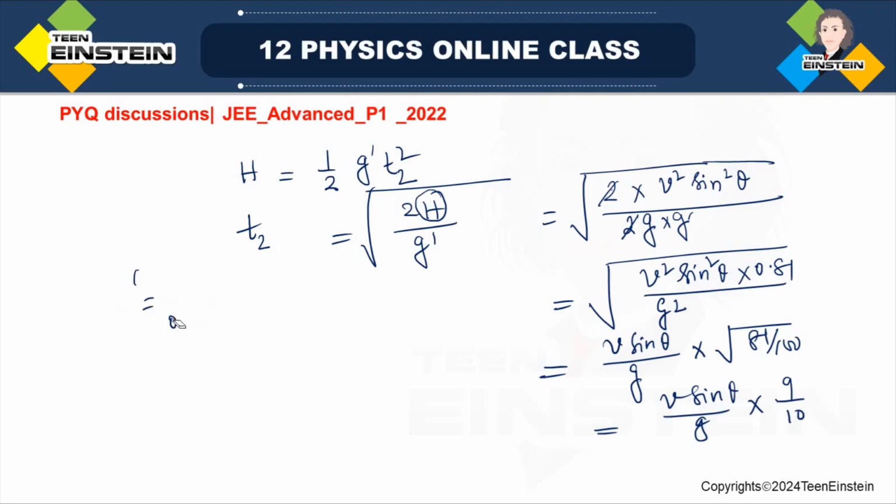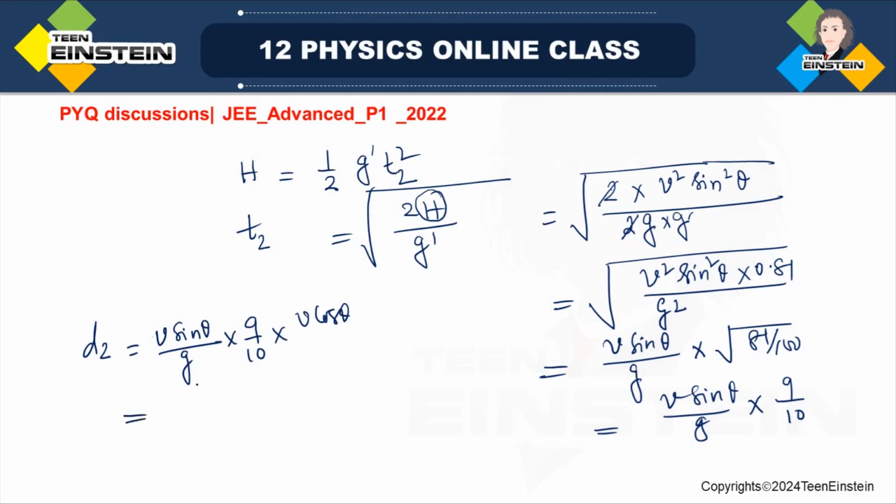T2 I have got. Then what is this D2? The second half of the range will be this T2 into v cos theta. So v sin theta by g into 9 by 10. This is actually T2 into v cos theta.